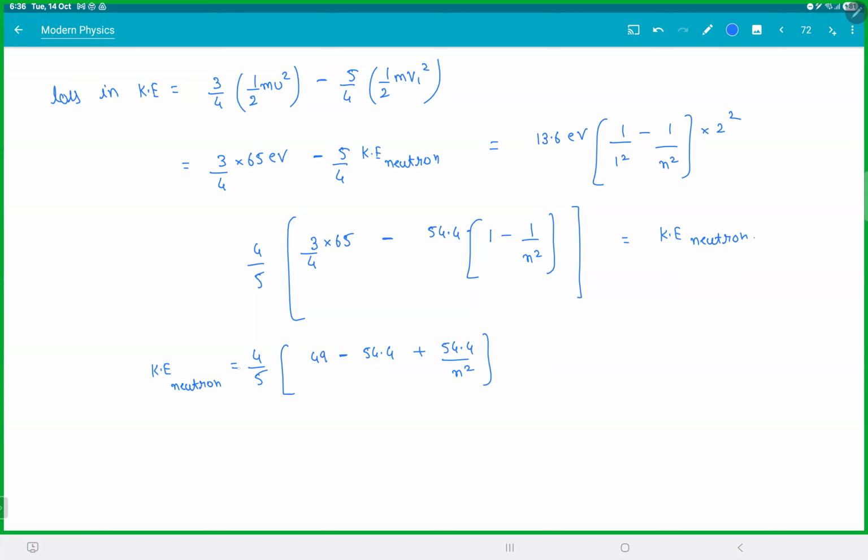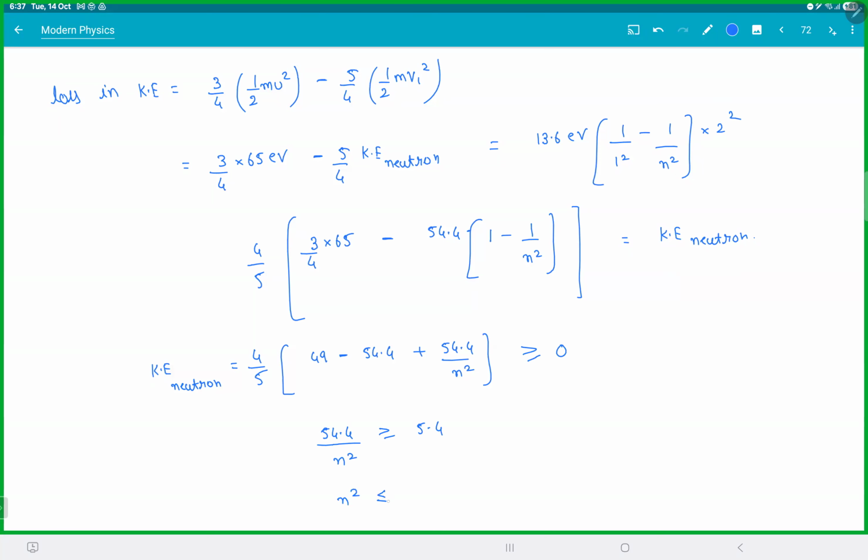which will depend on n square, the next orbit where you're jumping. Remember, this value should always be greater than or equal to 0. Na? You cannot have kinetic energy negative. Kinetic energy of the neutron is always greater than or equal to 0. That 4/5 goes off. Then you end up with 54.4 by n square is greater than or equal to, how much is this? 54.4 minus 49, that's around 5.4.